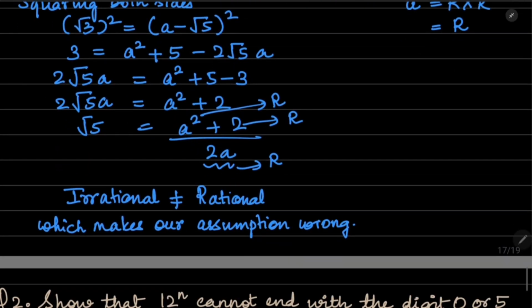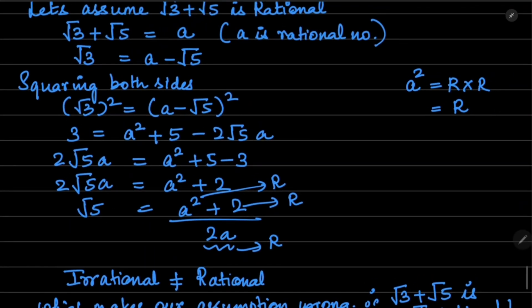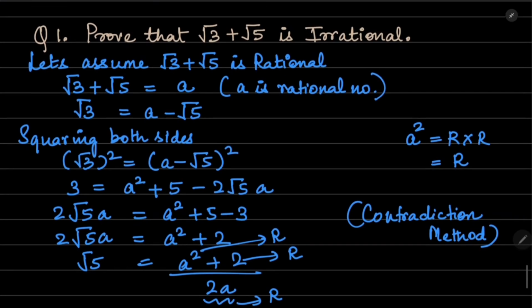Therefore, root 3 plus root 5 is irrational. Hence proved. So this is how you have to do it. This particular method is called the contradiction method.